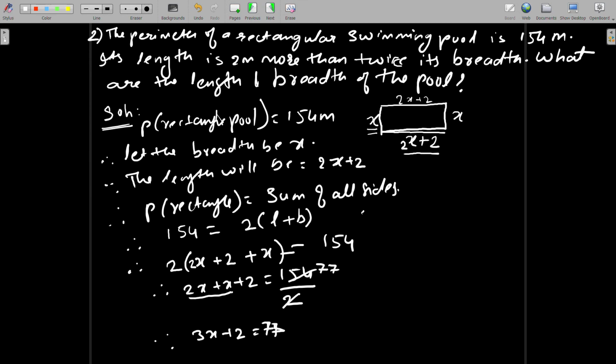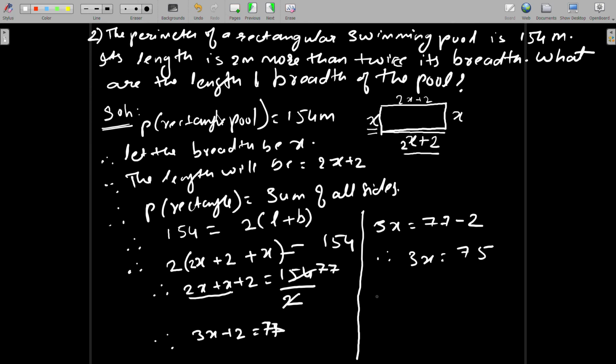Now again I have to arrange the numbers because we converted this equation into a very simple form. Therefore, 3x is equal to 77 minus 2, which is 75.